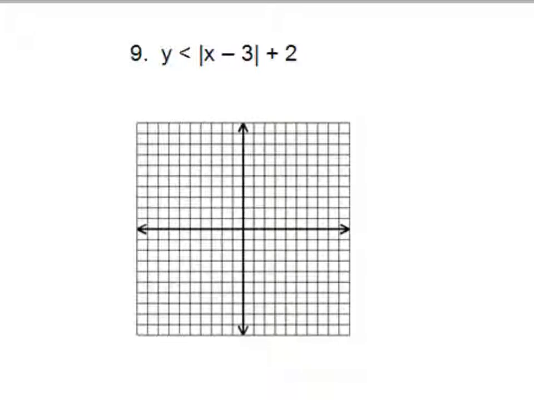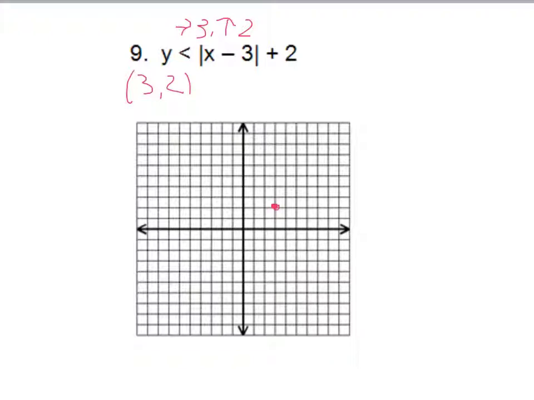All right, and then number 9. Y is less than absolute value of x minus 3, plus 2. So vertex for a normal parent function would be at 0, 0. This one is going to move to the right 3 and go up 2. So my new vertex is the point 3, 2. So over 3, up 2.